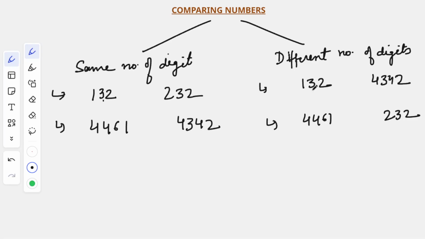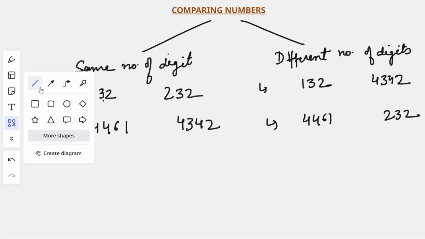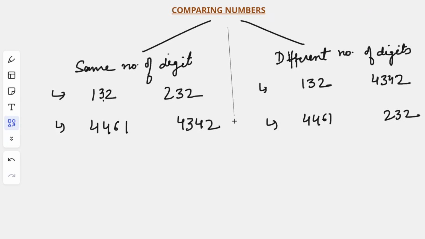So here we are comparing a 3-digit number with a 4-digit number, right? So we'll compare all these numbers one by one, right?